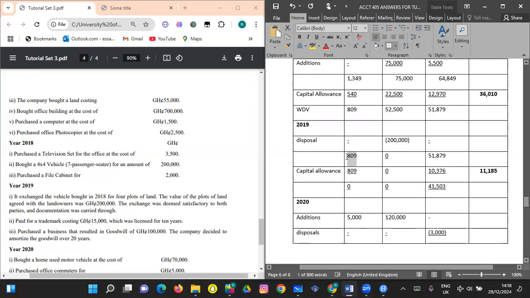So calculating the capital allowance will be 40% on this 809. Right, 40% on this 809.